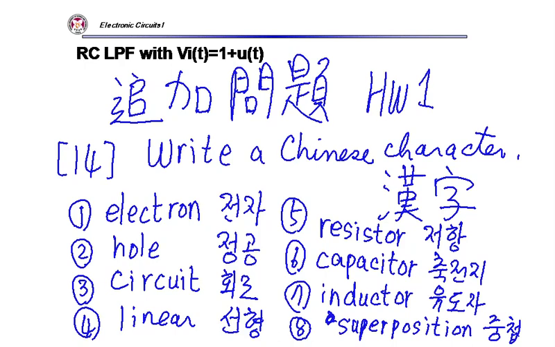Okay, alright. You can find it easily on a website, right? If you go to this website, you write the Korean character, and you will see the Chinese character.